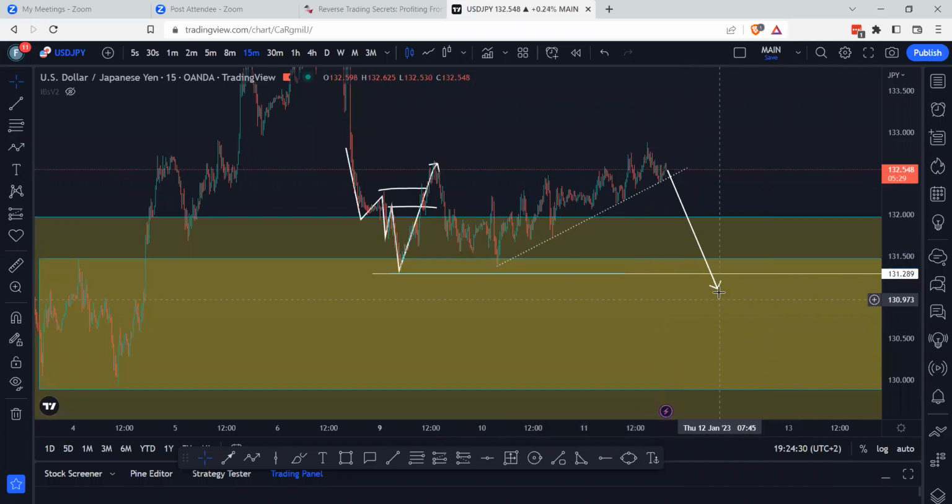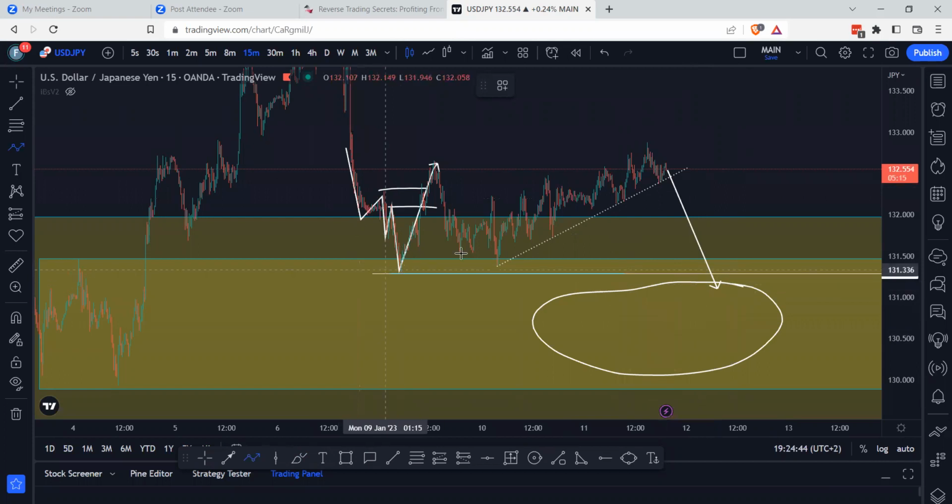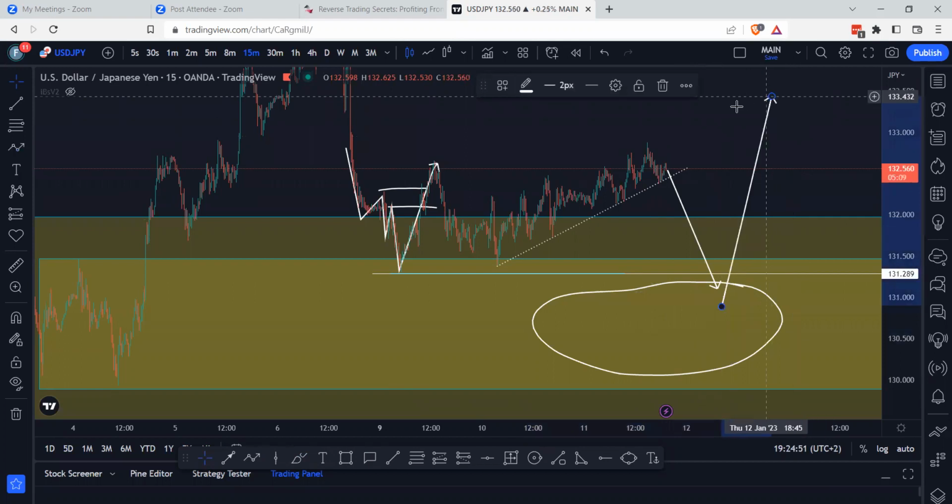So when price gets into this zone is where personally I'll be looking to take entry for a buy. Because if price should come down like so, it will grab a lot of stop losses, a lot of sell orders, in order to have a very, very strong move to the upside.